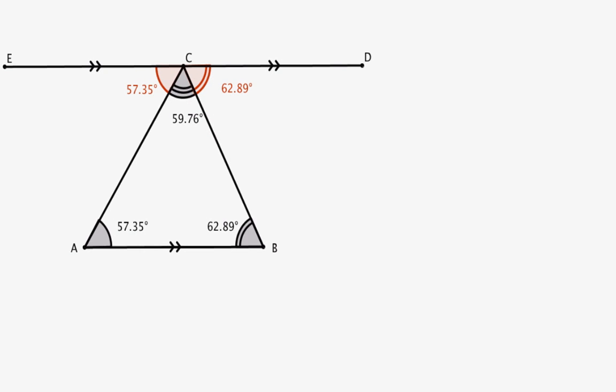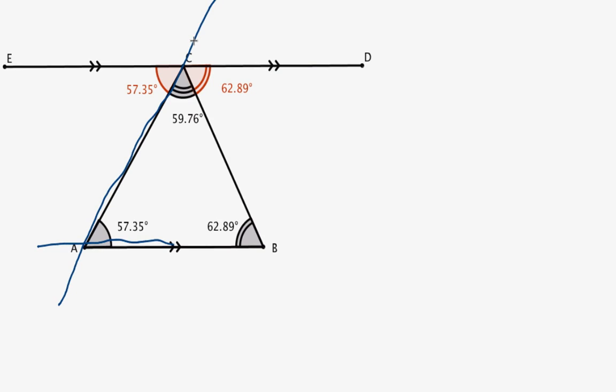We're going to use what's called alternate interior angles. So the first assumption is that this line right here, AB, is parallel to ED, right? Okay. So then we're going to take a line like this, not a very good line, and we're going to cut AB, and we're going to cut ED.